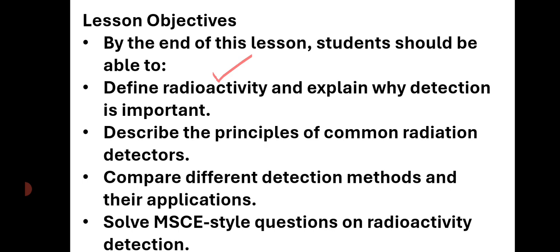Then you'll be required to solve exam-style questions on radioactivity detection. These are the objectives. So we are going to dwell on these objectives. By the end of this topic, you should be able to tackle these key skills.